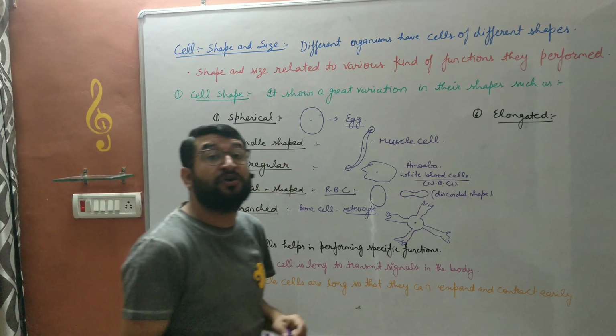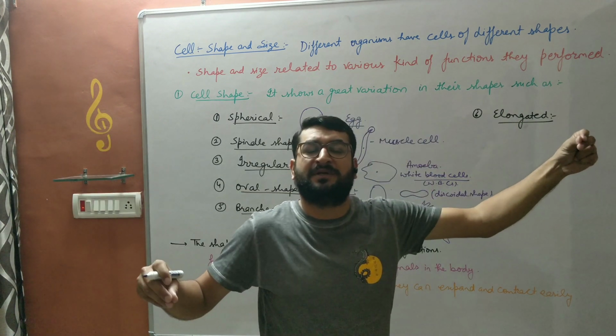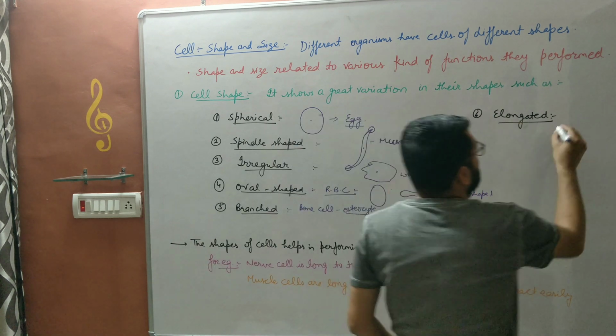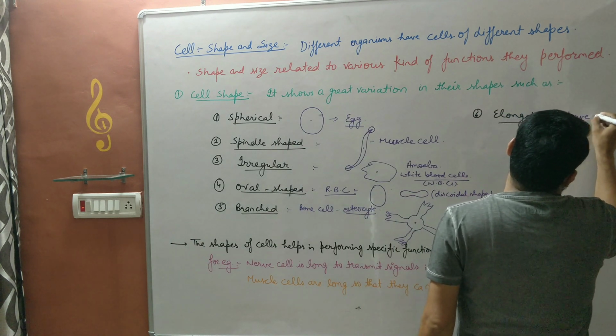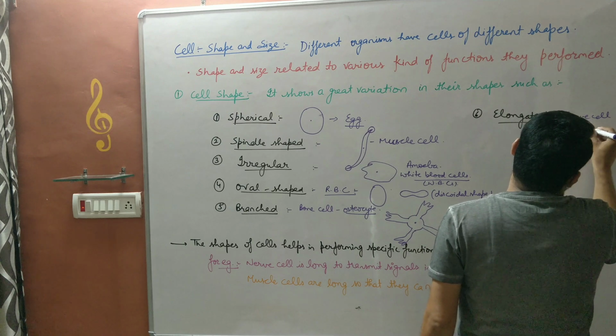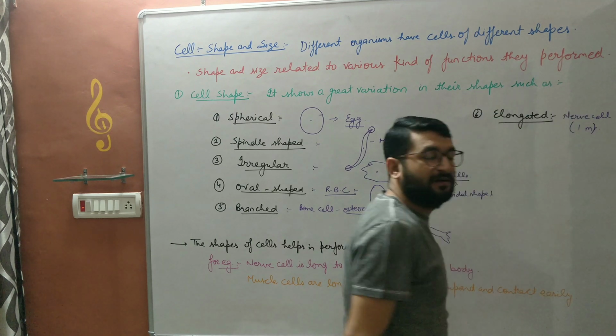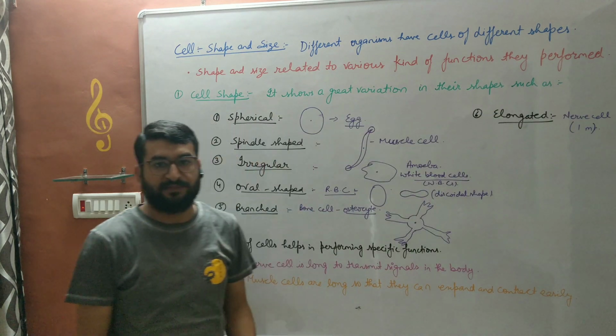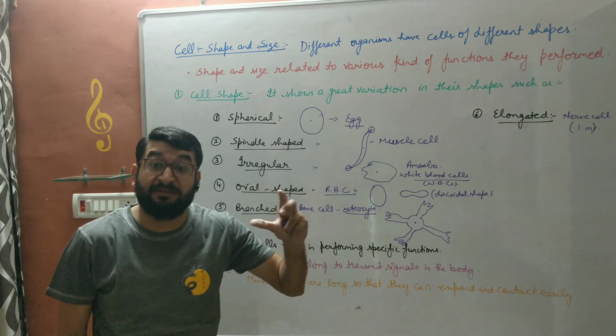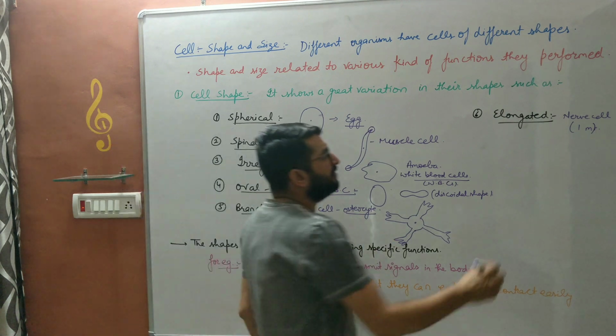The next one is elongated, meaning lengthened. बहुत लंबी है बच्चे. That is nerve cell. The length of a nerve cell can be up to 1 meter. 1 मीटर से भी लंबी हो सकती है, 1 मीटर तक लंबी हो सकती है नर्व सेल. इट इज elongated shape बेटा.